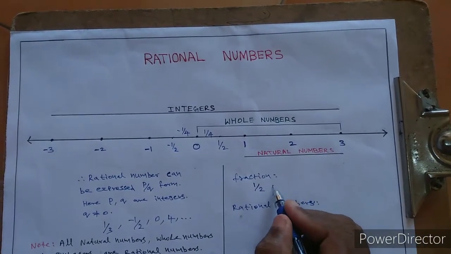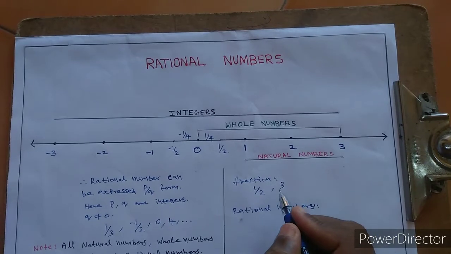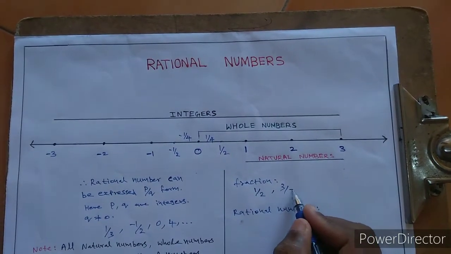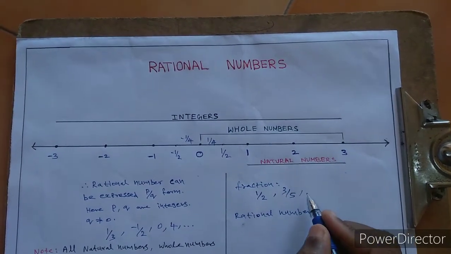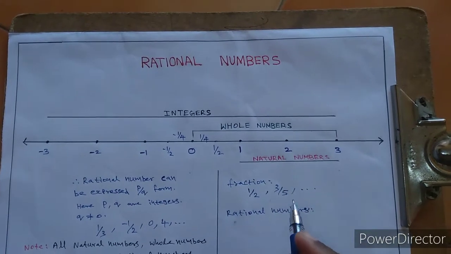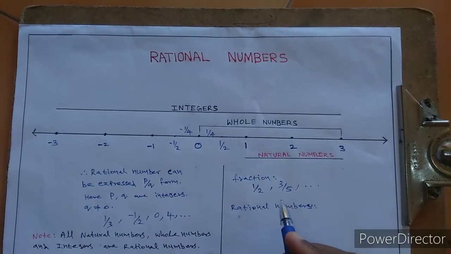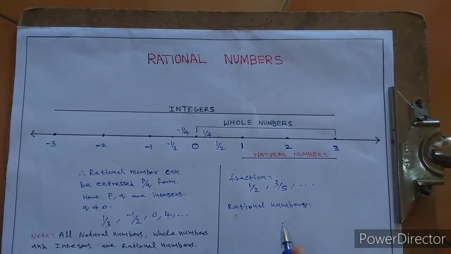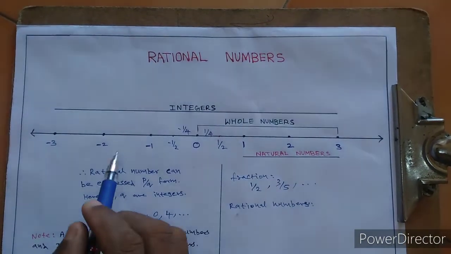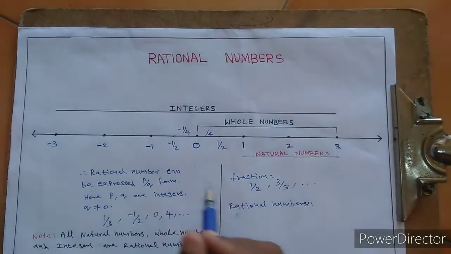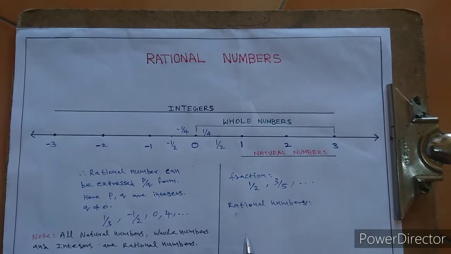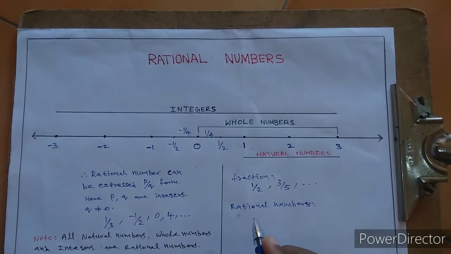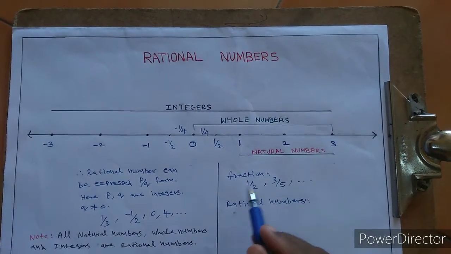I will take 3, one more whole number, then 5, 3 by 5 and so on. In a fraction we take only whole numbers, but in rational numbers we are using integers. The negative integers also we are using. So the fraction only uses whole numbers.